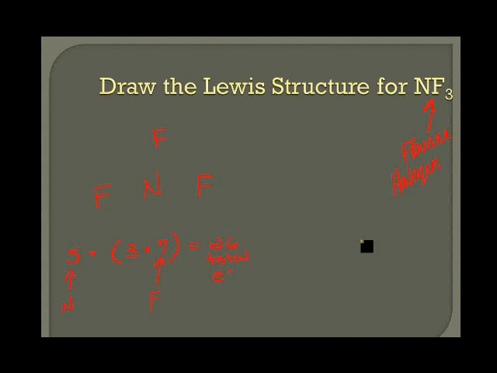So now we are going to determine our bonding pair. So we divide 26 by 2. It tells us that we have 13 bonding pairs. That's step 4. So we'll place one bonding pair.